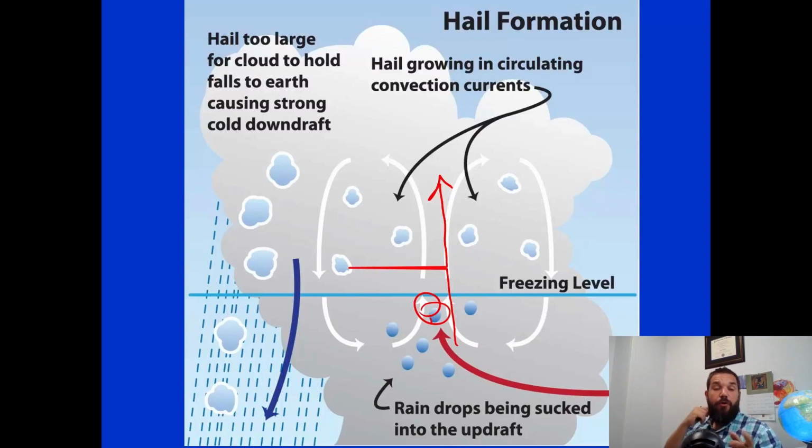Remember, there's a lot of vertical movement in thunderstorms, so that rising air lifts the ice back up, and it keeps getting lifted back up, falling, lifted back up, and falling until it gets so big it overcomes the updrafts and falls to the ground. And it can sometimes be golf ball sized hail and things like that, or bigger.